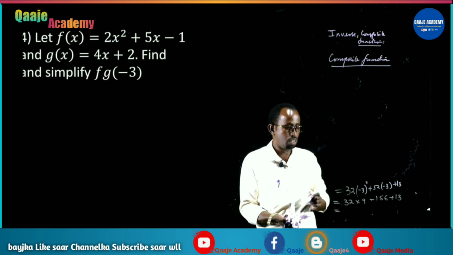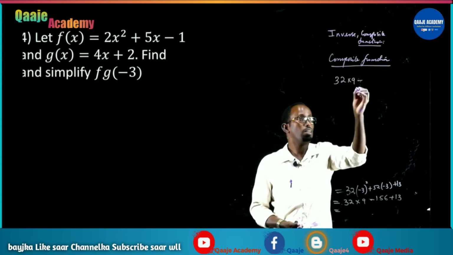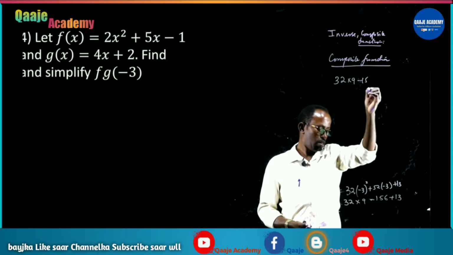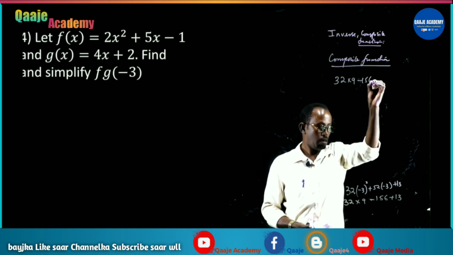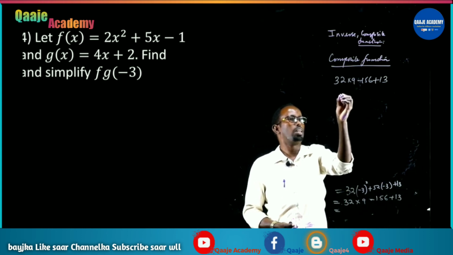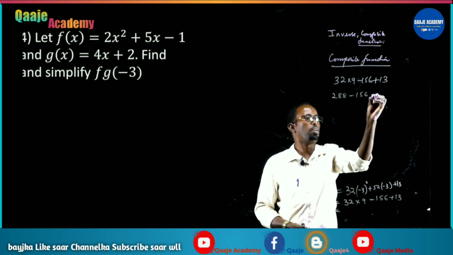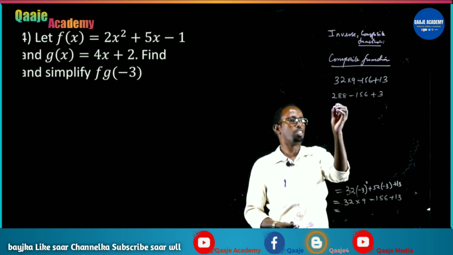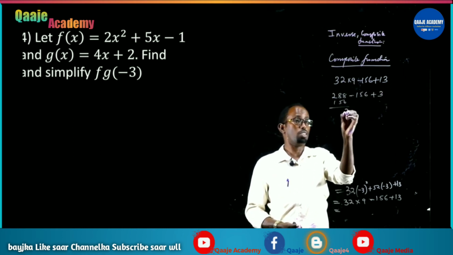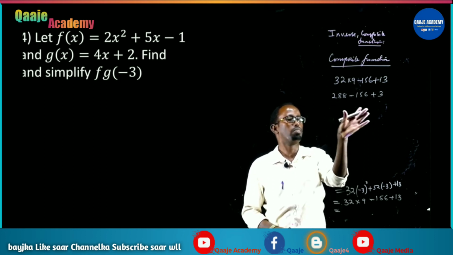So multiply these two together, you get 288, then minus 156 plus 13. So I subtract 156, I get 231. Then plus 13, you get 244.